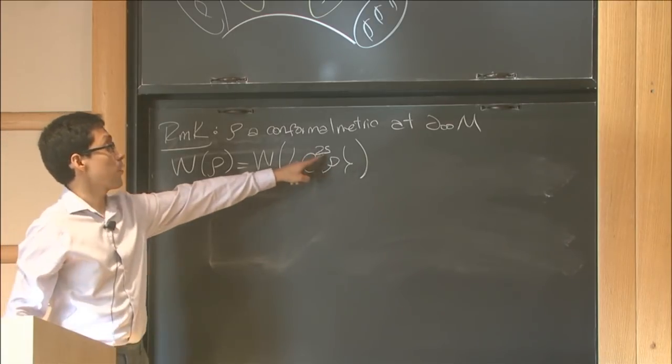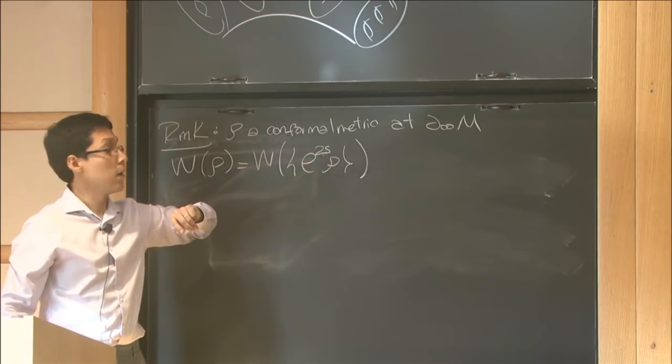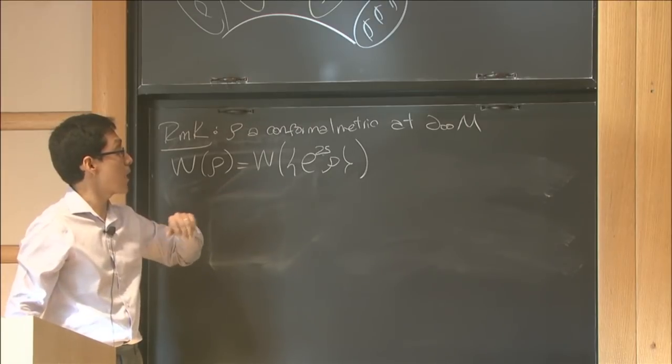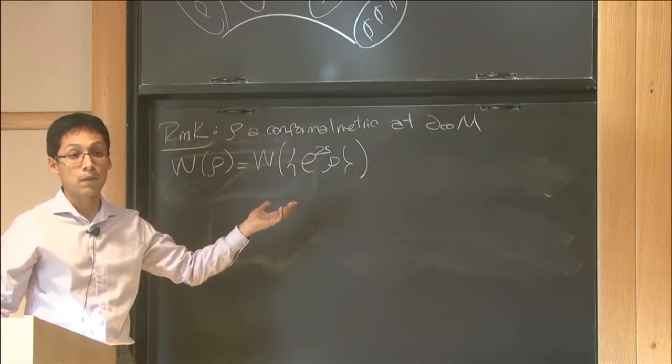The answer to that is that you can always take S big enough such that the map defined by Einstein is actually going to be an embedding.